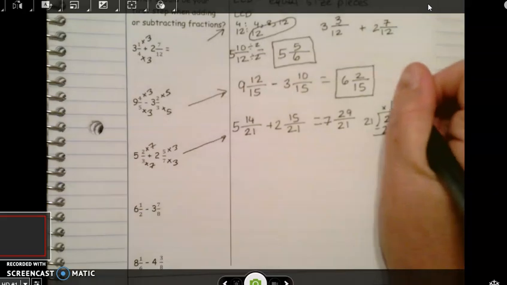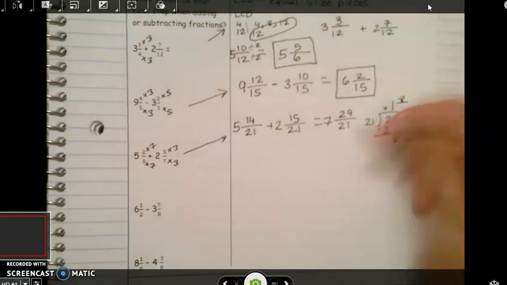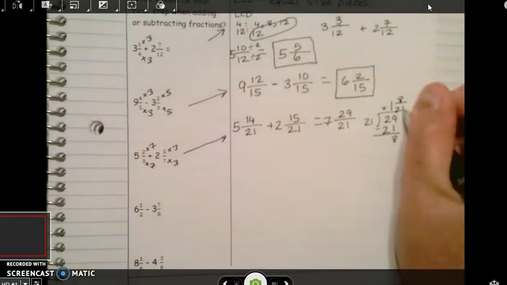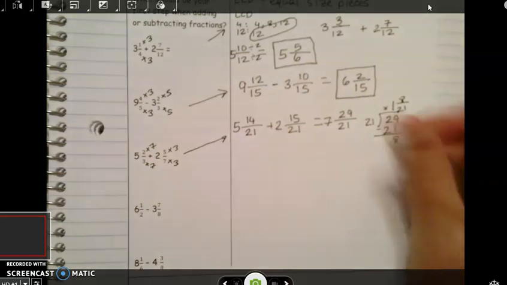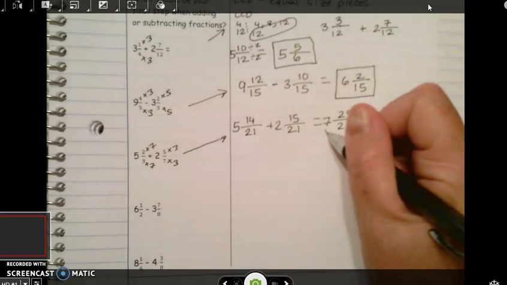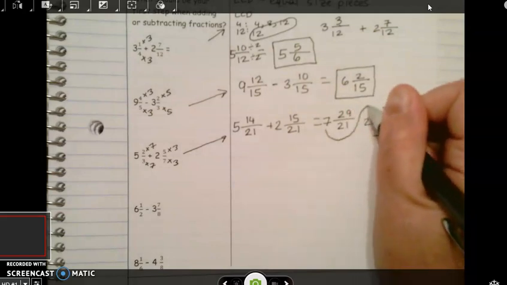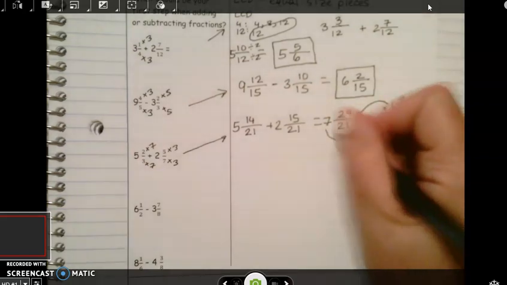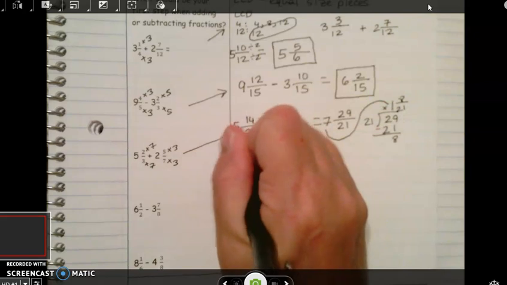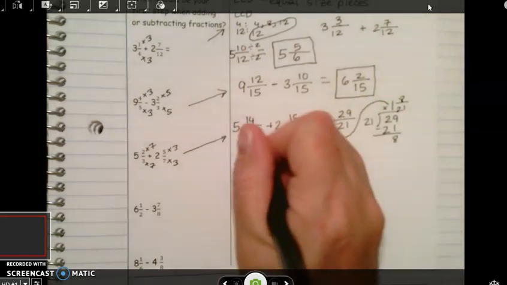That becomes your numerator, and the denominator stays the same. Okay, now I will check here in just a second to see if I can simplify. But remember, this 7 and this 1, do not forget to put them back together. So this here, remember that was more than 1, so I'm going to add that 1 here, so that's 8. 8 and 8 over 21.